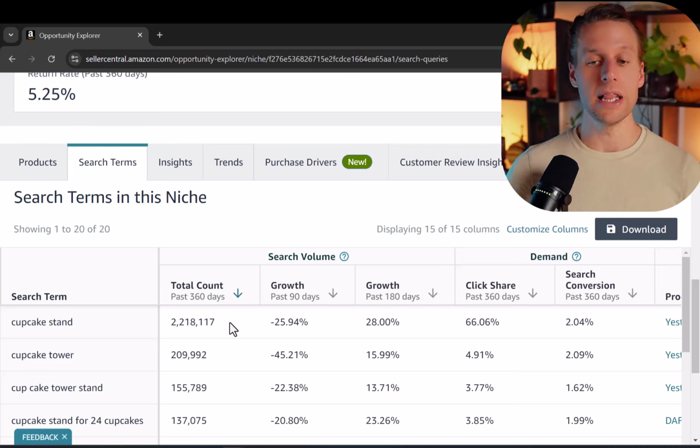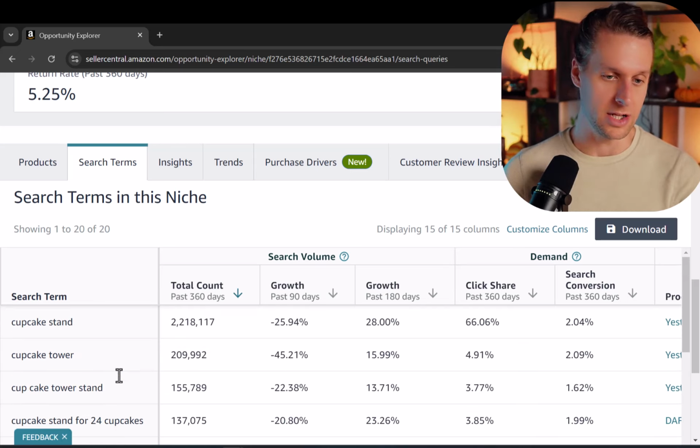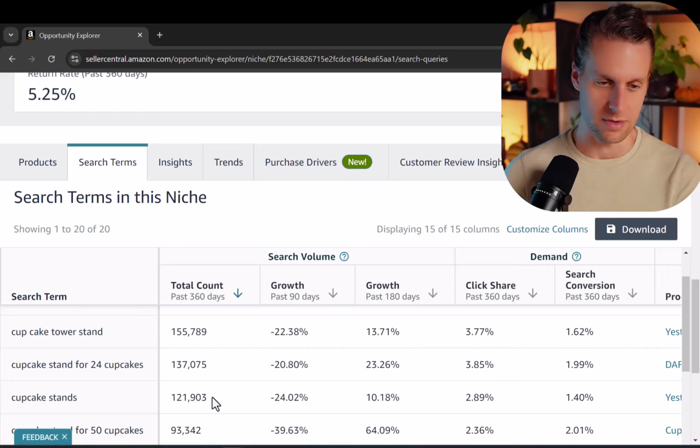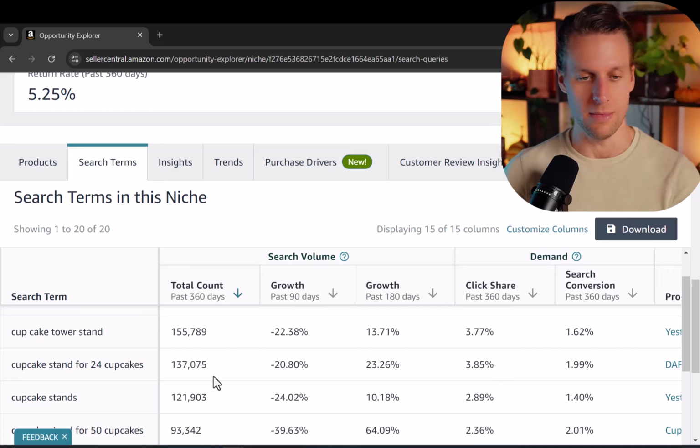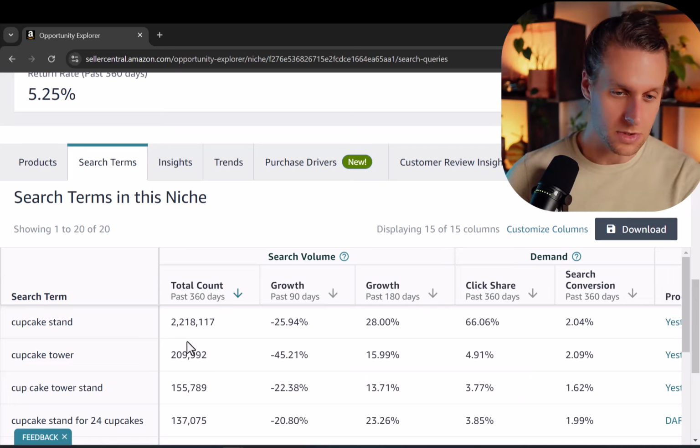So there's plenty of demand for this. That's great. And there's other search terms that are smaller that don't have quite as much demand, but still have plenty. Like this one is going to have like 18,000 searches a month. This one will have whatever, 14,000 searches a month. I don't know. I'm not super good at mental math. You get the idea.